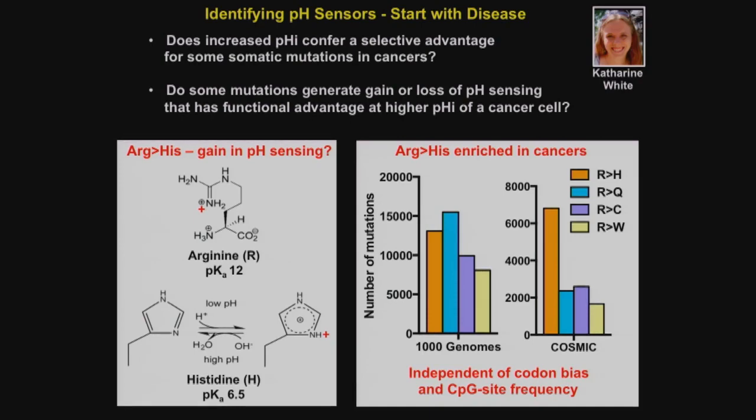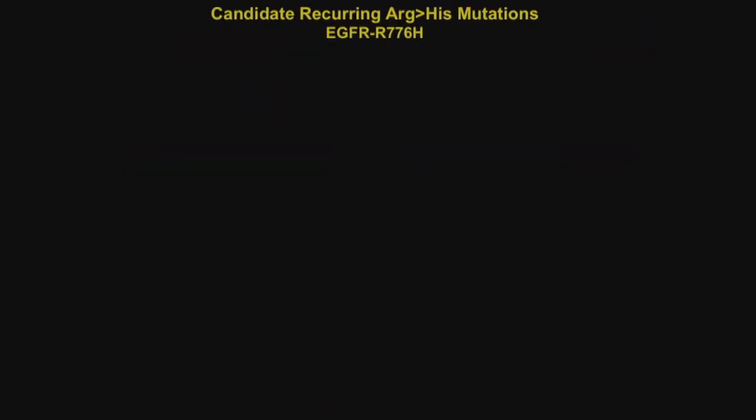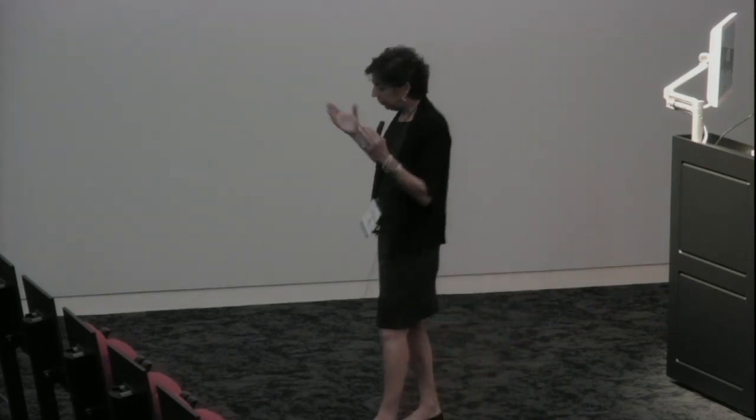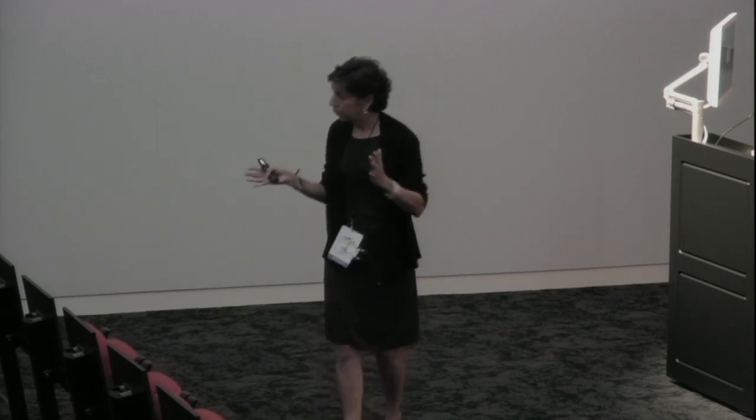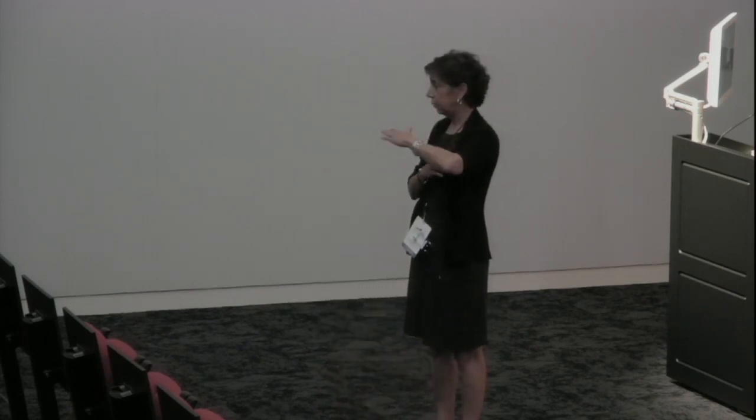So we decided to test two candidates. One is the EGF receptor that has a recurrent arginine to histidine mutation. So, to understand this, some of you may know, but just for review, receptor tyrosine kinases share this conserved structural motif where there's something off the kinase domain called a C helix.